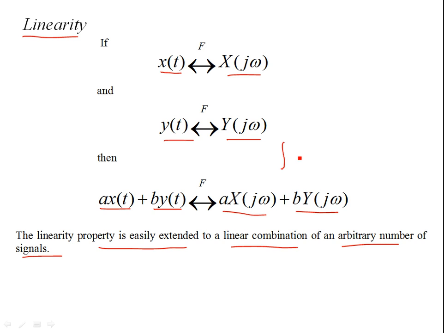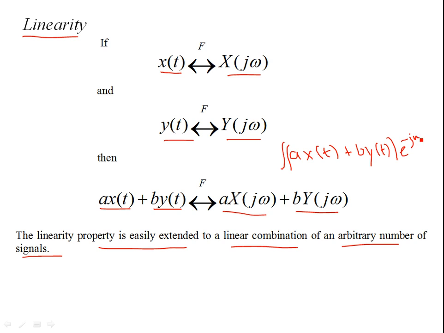The idea behind this is, if you have this signal, let's call it z(t), a linear combination of x(t) and y(t), so you have the signal a x(t) plus b y(t). I'm going to write the Fourier integral for that, which has to be multiplied by e to the minus jωt to find the transform.